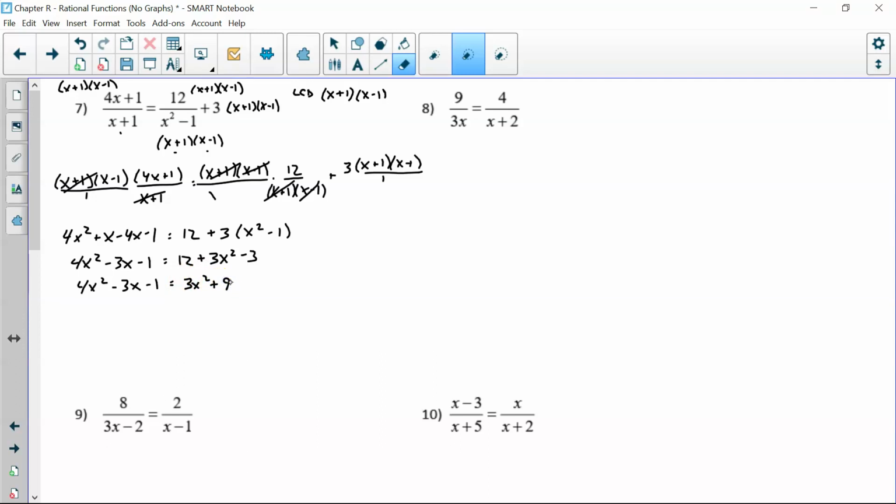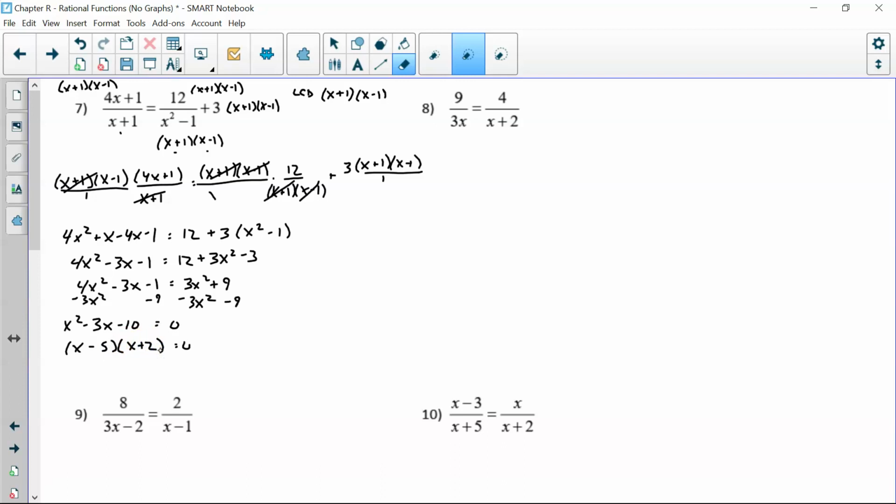It's a quadratic, so I want to get everything onto the left-hand side. So we're going to subtract 3x squared. I'm also going to subtract a 9. So that gives me x squared minus 3x minus 10 equals 0. So when I factor, I get x minus 5 and x plus 2.